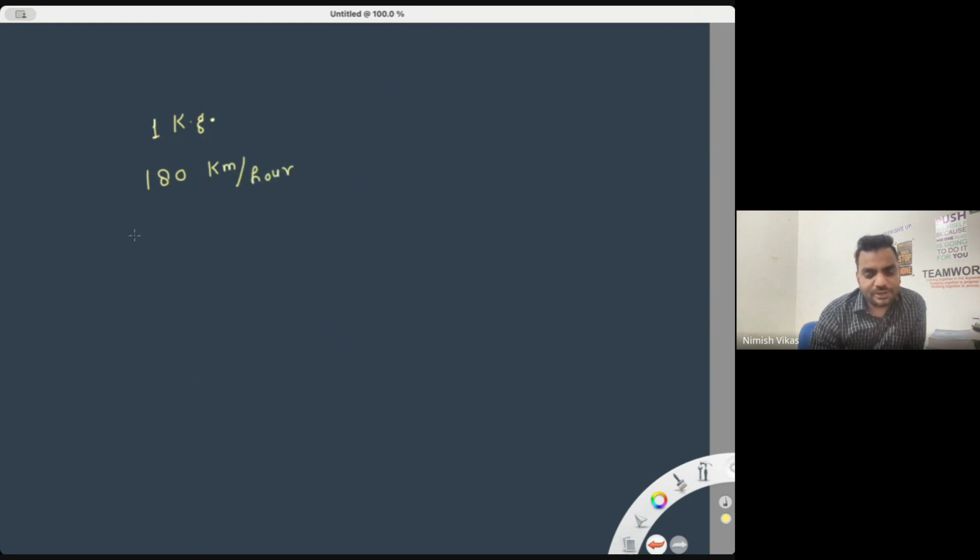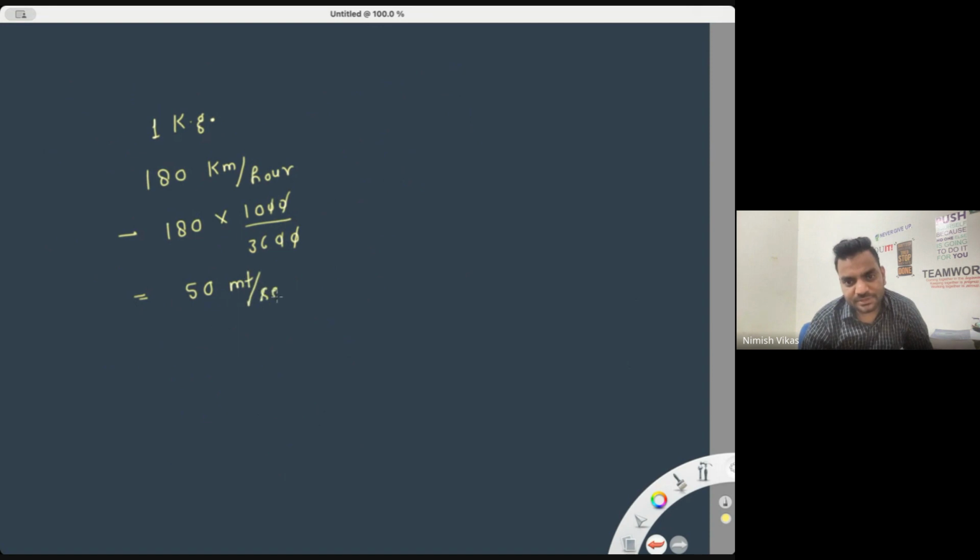So if I convert it to meter per second, how much will that be? 1 kilometer means 1000 meter, 1 hour 3600 seconds. Right? How much is this coming? 50, right? 50 meter per second.